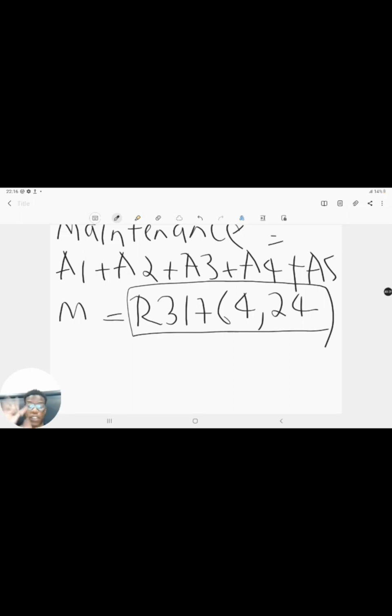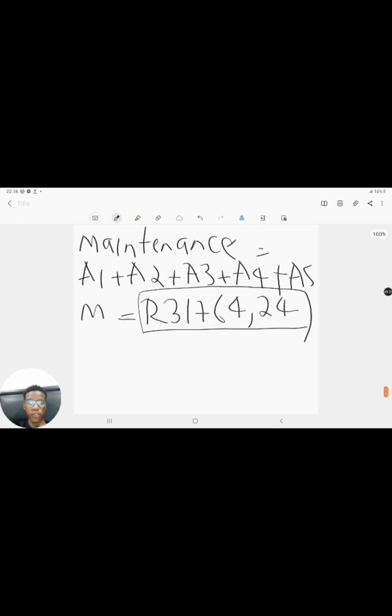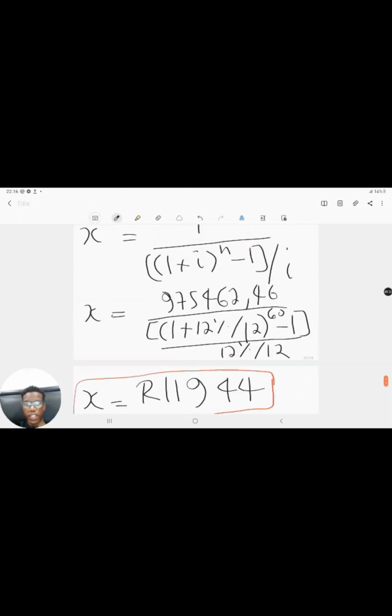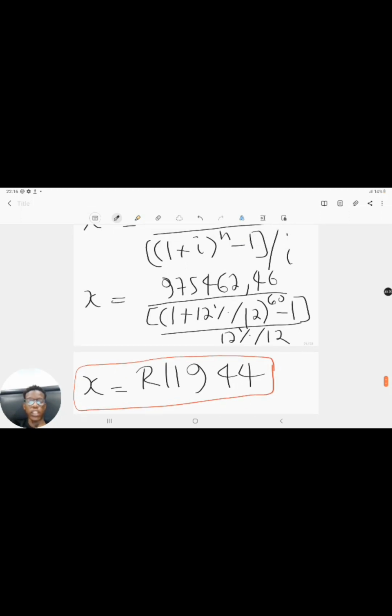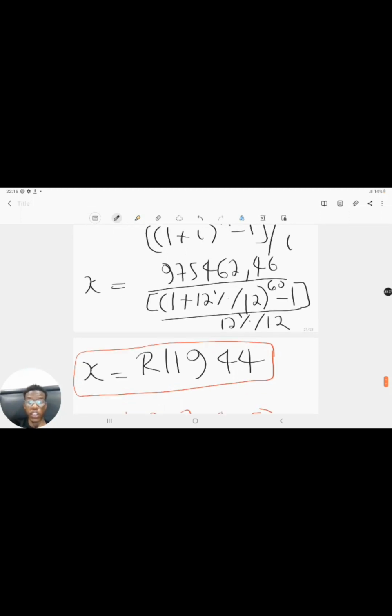See, it's not just 5,000 plus 5,000 plus 5,000. No, it's all the 5,000s and the interest that they would have accumulated. Right, so now all you have to do is take this M and subtract it from this little calculation that we did here, because this calculation was telling us that you would have to put in a certain amount of installments in order for you to be able to get to the money that you want to save.